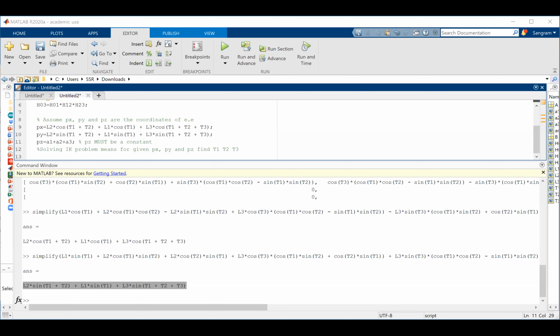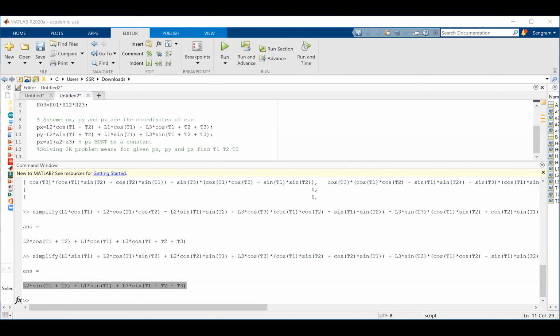And so you can do simplify H03. That should be fine too. Now, one thing I want you to note, that depending upon how the problem is set up, there are some tricks that you can play.